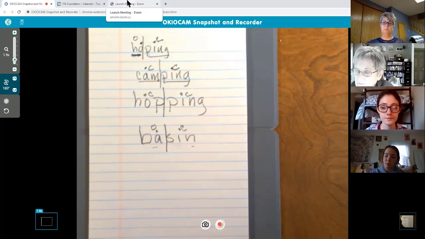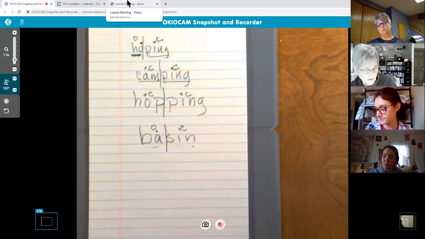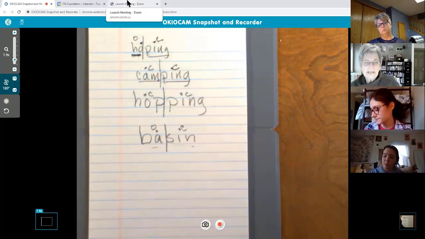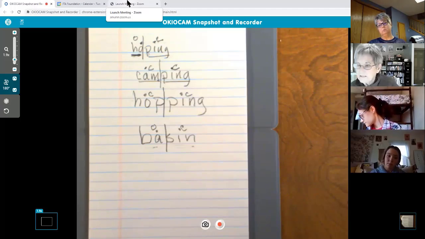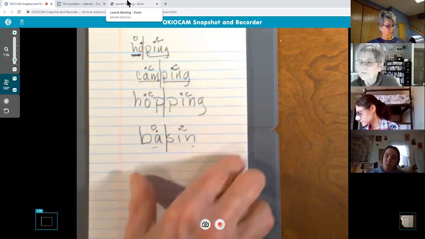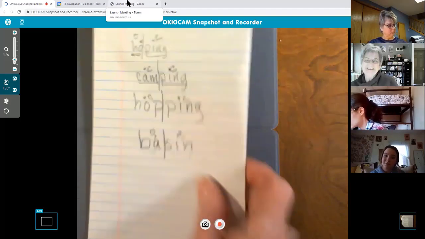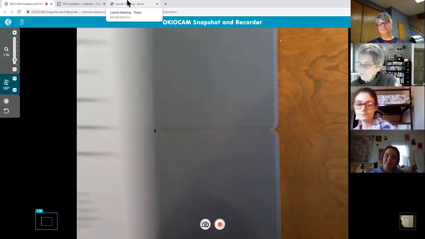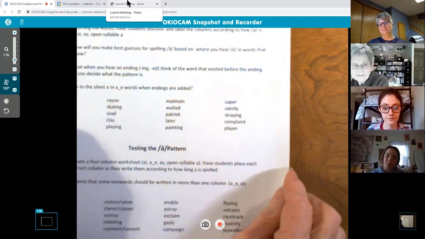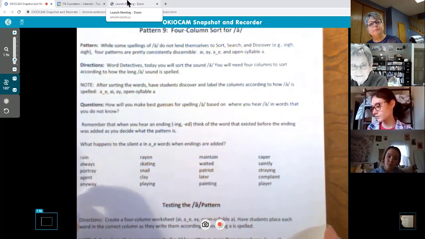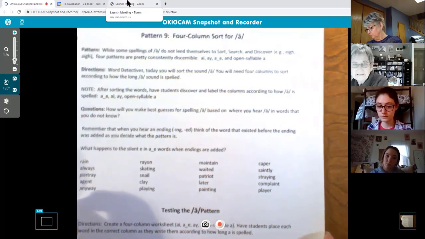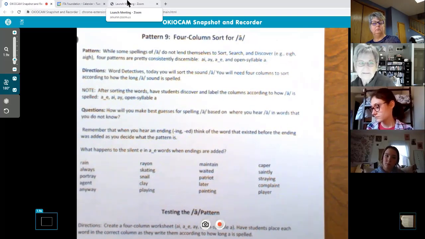This is a very, very important lesson because the last one that I want to go through today, looks like we will finish in time for what you need to go to next, is a 4-column sort. That's pattern 9.